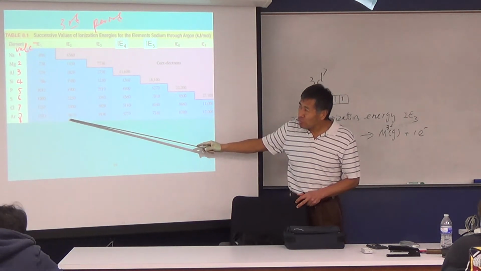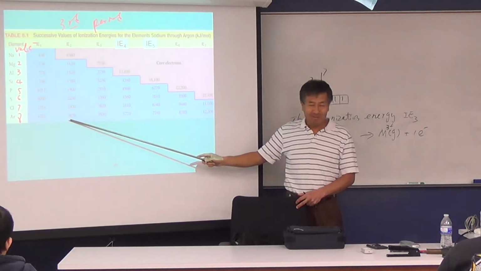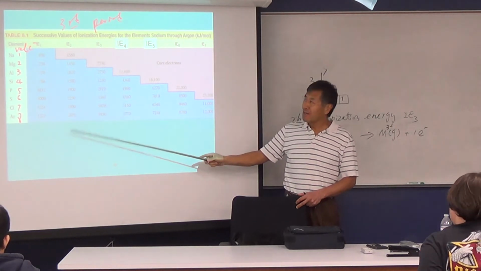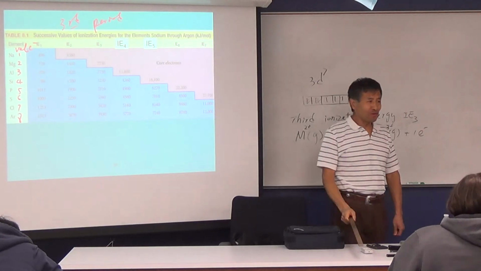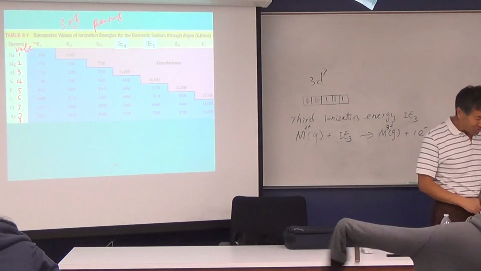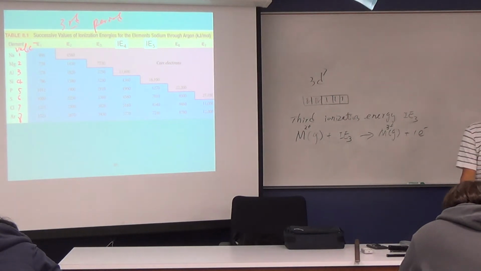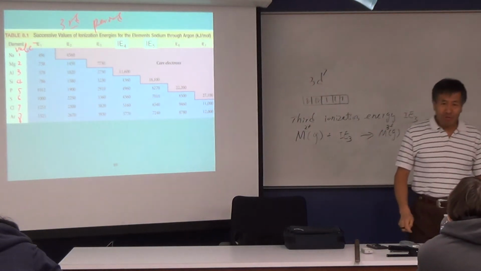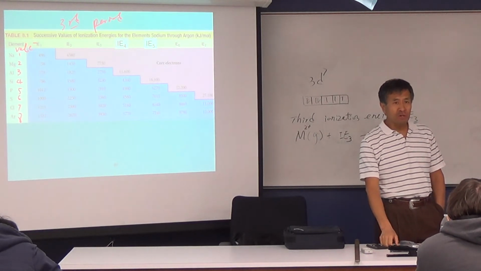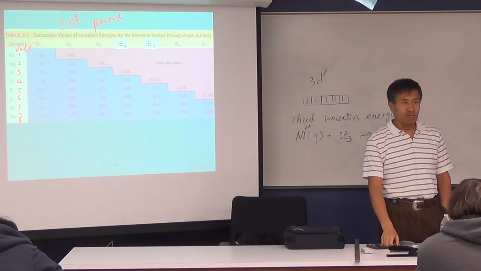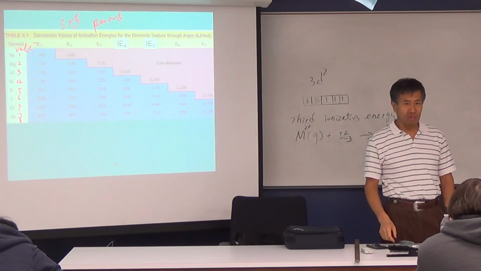Even the IE2 for the noble gas is smaller than IE2 for sodium, because you have removed the core electron. Right. So what we want to notice is this large increase when comparing the valence electron with the core electron.